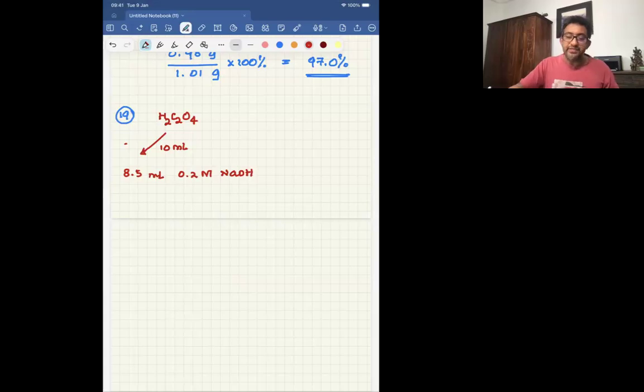That's the first one. Then 10 milliliters of the same oxalic acid solution required 8.2 milliliters of potassium permanganate.